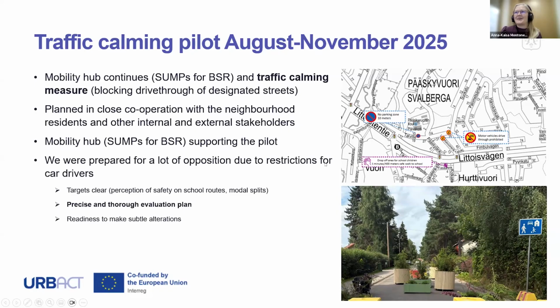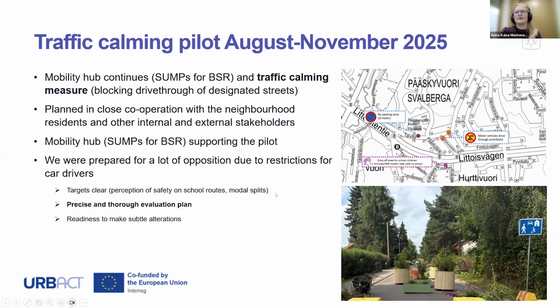We knew that there would be a lot of opposition to this kind of pilot due to the restrictions for car drivers, especially the residents living on the eastern side of the roadblocks. We couldn't block the whole street in front of the school because this was the only way out from the area.